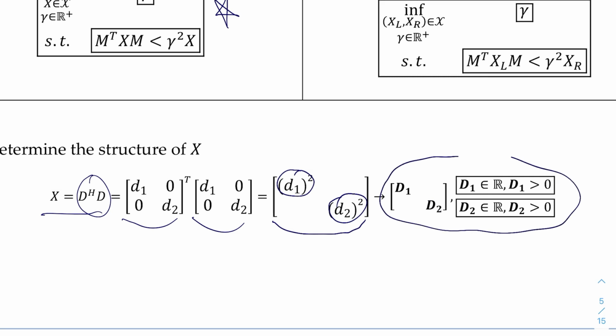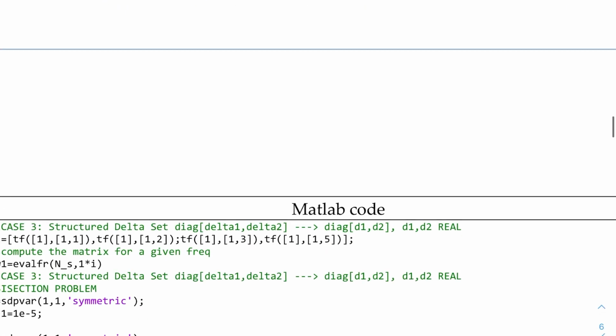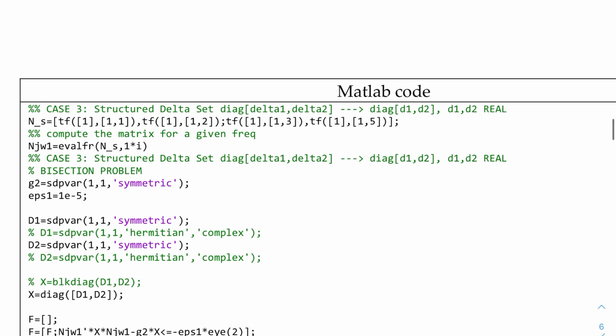We need to just focus on this part, right? So let's look at the Matlab code. Again, N matrix for a given frequency, get the complex matrix, and G2 to indicate gamma square, again epsilon.